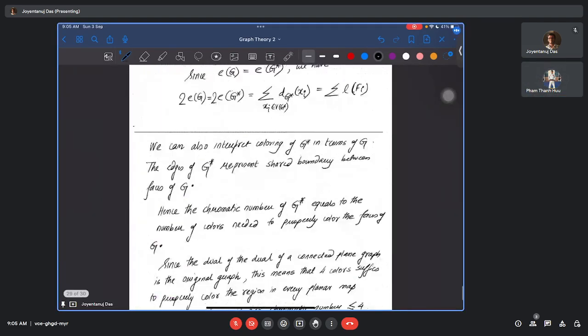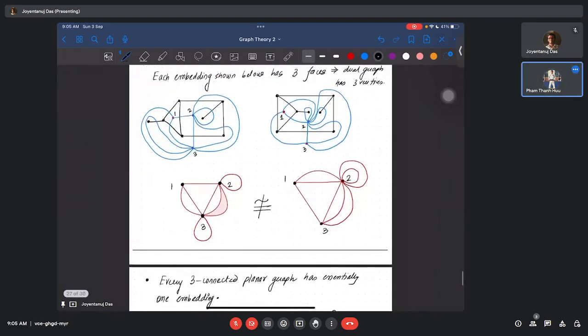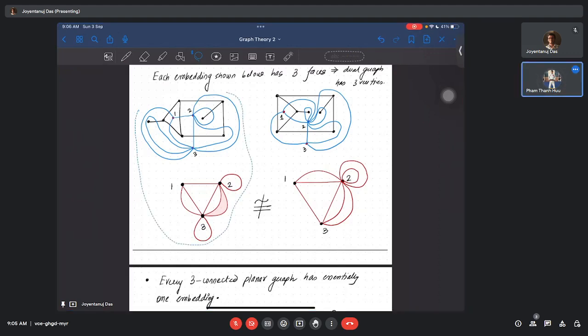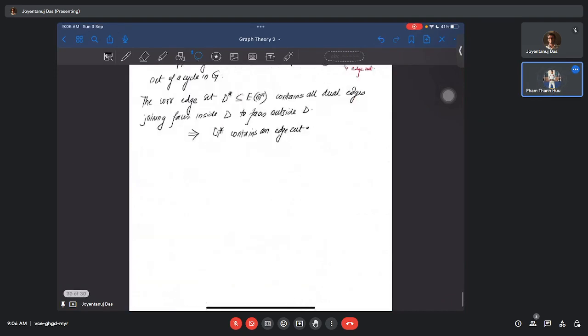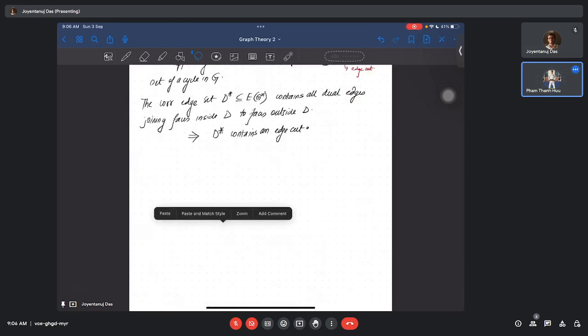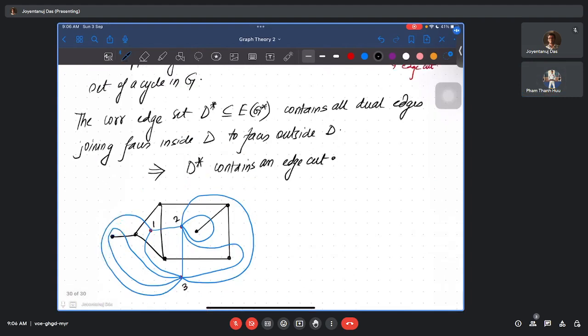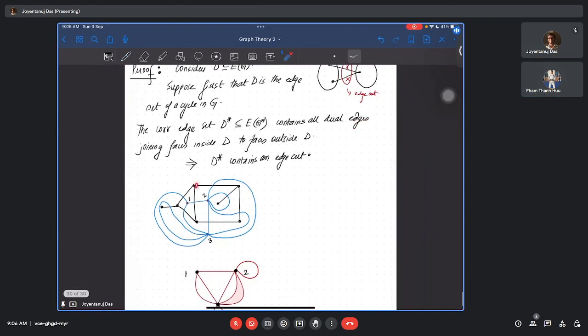If we take the same example that we drew, let us copy the example. First let us take an edge set of a cycle. For example, here is a cycle.